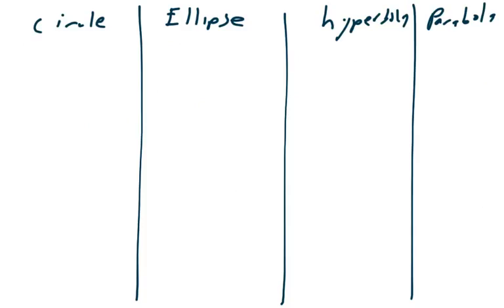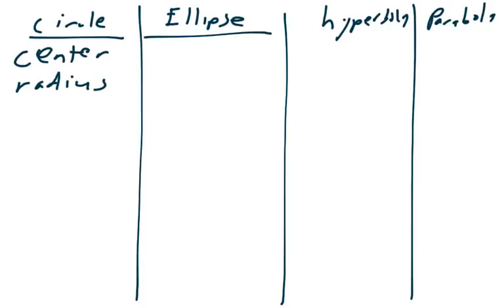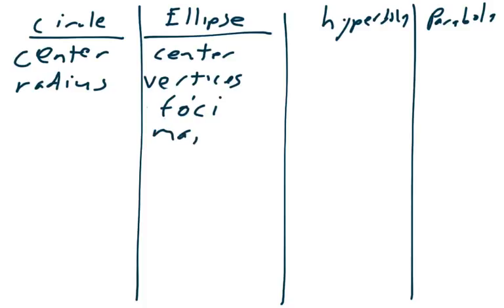Alright, so which words characterize each type of function? In the circle, we have the center and we have the radius. In most of them we have the center. In the ellipse, we have the center, we have the vertices, we also have the foci, the major axis, and the minor axis that we've talked about.